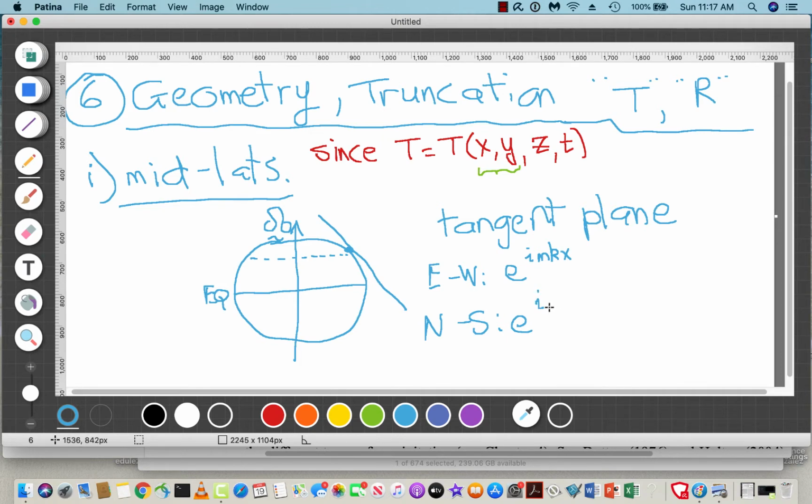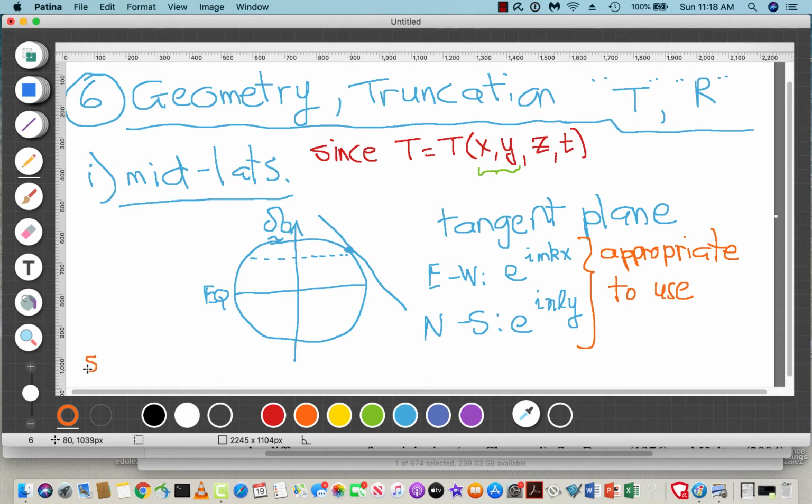In this case, we would call it e to the i n l y. Okay, so little l is the wavelength in the north-south direction. Little n is the wave number that we use. So these are the things that are appropriate to use in this geometry, but not in every geometry.